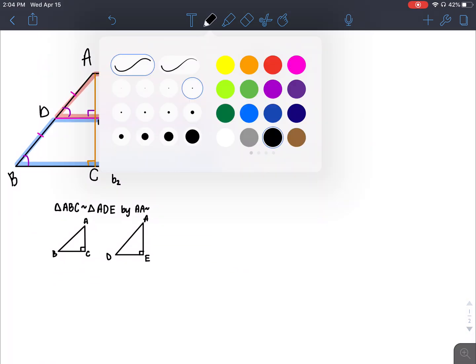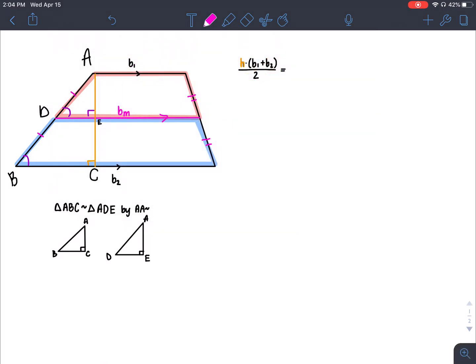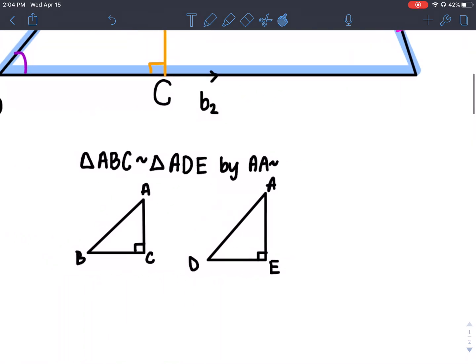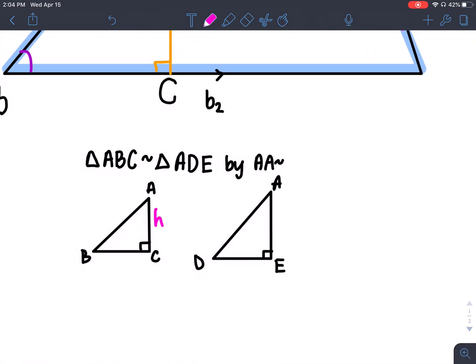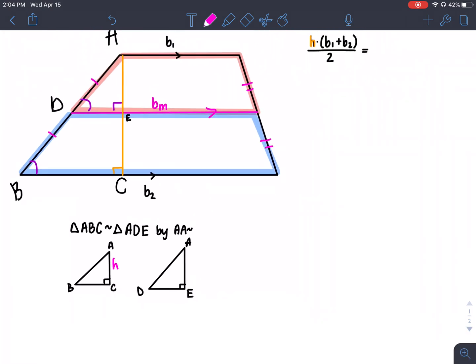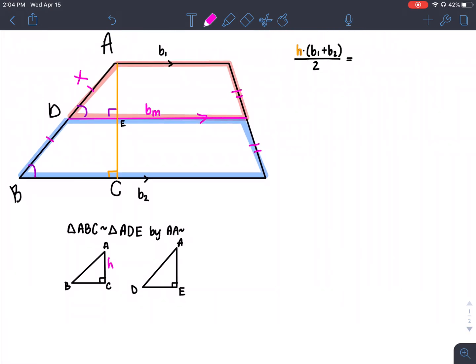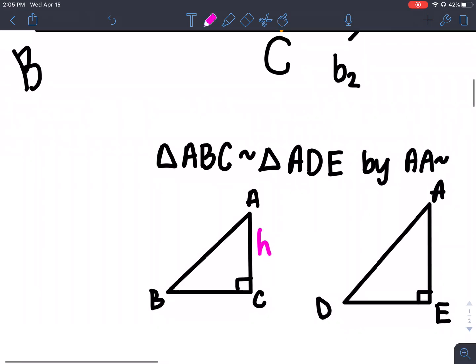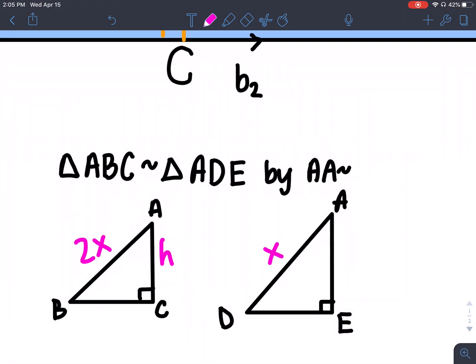So now if I look at what we have already marked, I know that AC is the height of my trapezoid. No, iPad is not liking me today. And if I label AD as X, then this also has to be X, which means AB is 2X. And AD is just X. Well, if I look at the relationship between that, that would mean AE is 1/2 of our height.